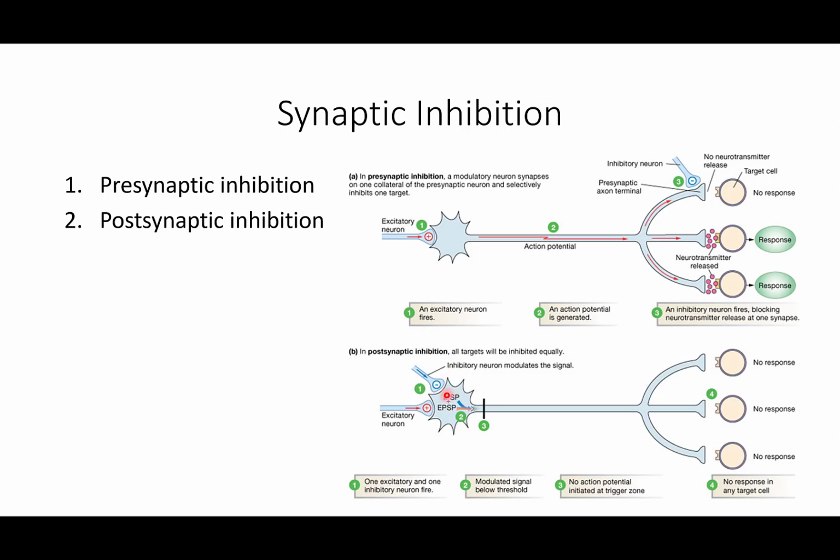Those chloride gates are going to counteract the EPSP. It's going to be an inhibitory postsynaptic potential and cancel out that graded potential so that when we reach the axon hillock, there is no suprathreshold graded potential. We're below threshold and we don't send a response. So postsynaptic inhibition, all the targets are going to be inhibited equally. So at the end, none of our target tissues have a response because we shut the whole neuron down.